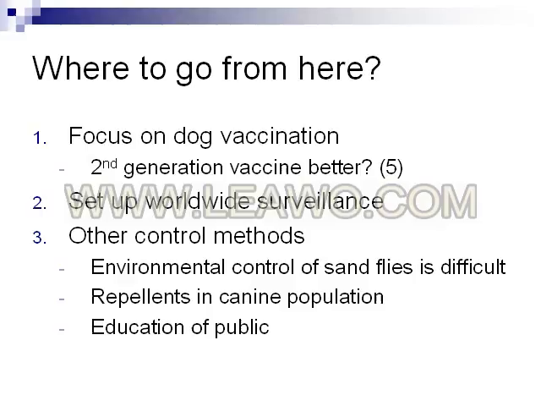Another method that has been used is spraying house walls to control the adult flies. This method only lasts a short time, so in the end it's not very effective either. With that, we're again back to controlling the disease in the canine population, which in the past has been fairly successful with repellents.